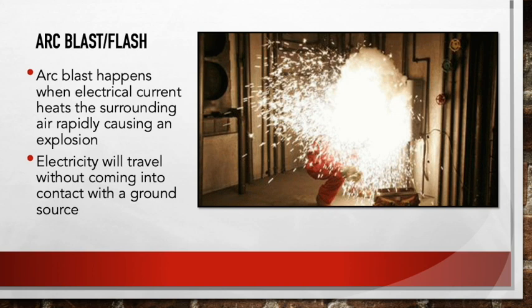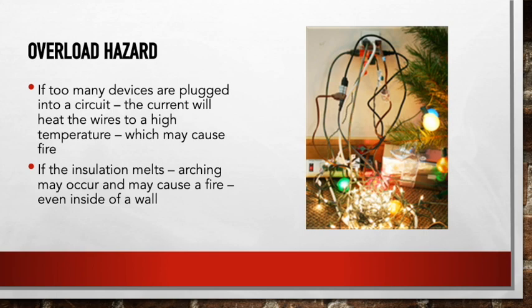It has to get extremely hot, thousands of degrees. So electricity will then follow that superheated air, and you can get electrocuted and burned all at the same time. Pretty serious stuff. If you work around high voltage electricity consistently, definitely make sure you get the arc flash training. We offer it here at Basin Safety. It gives a lot of specifics on how to prevent a flash from occurring.